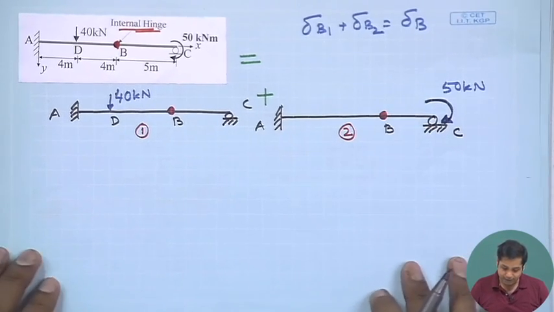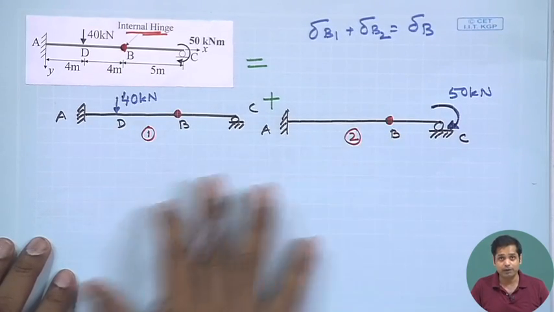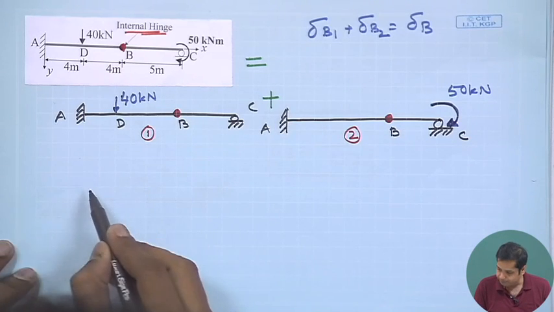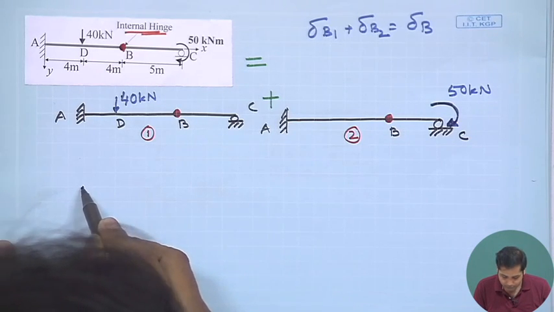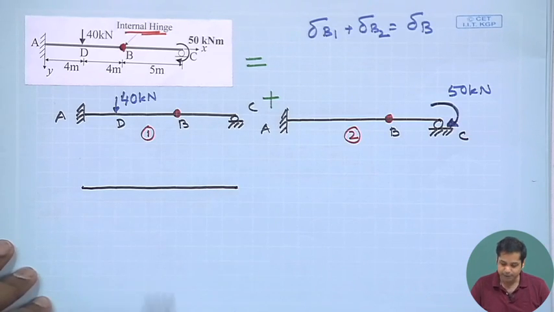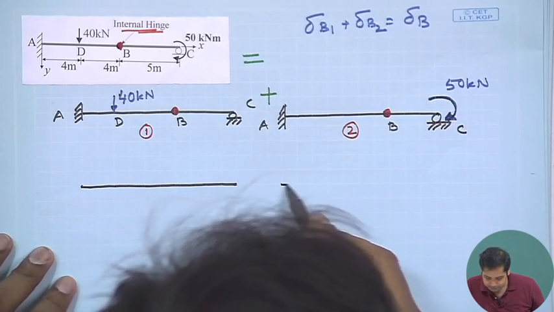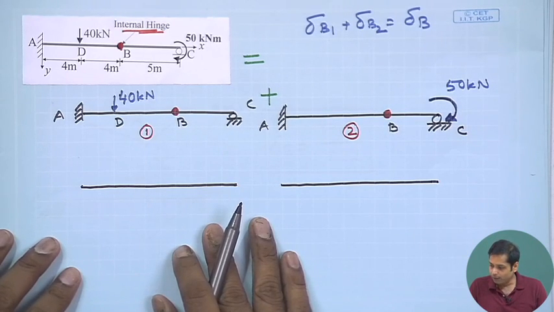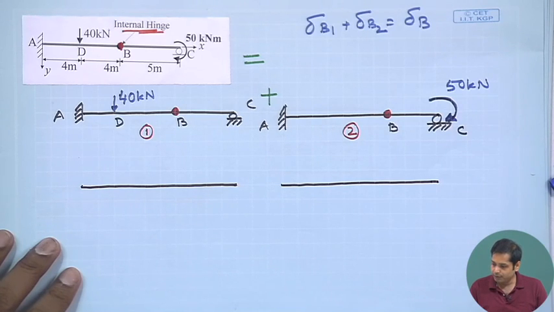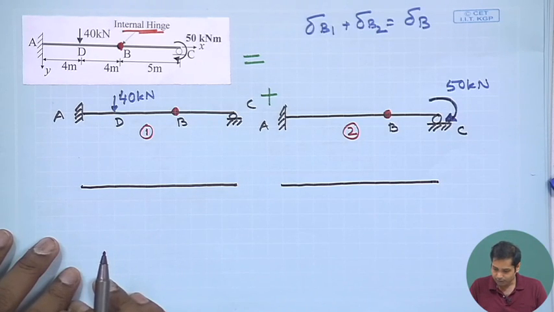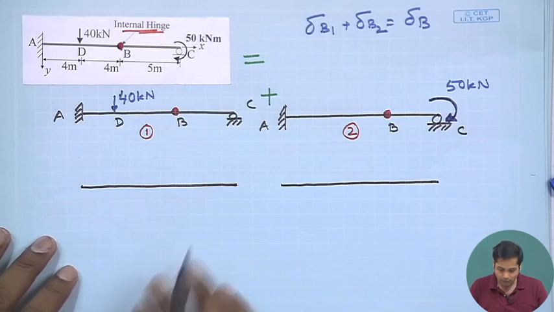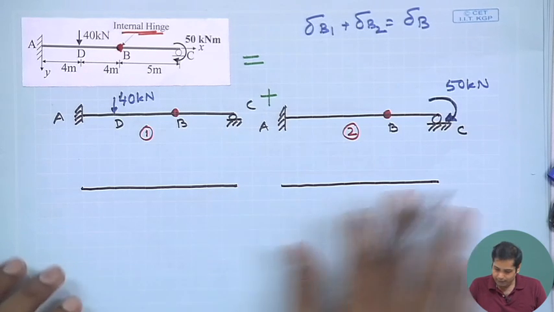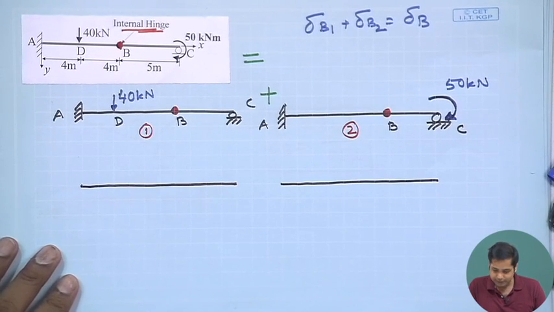I know that you can do the calculation to find the bending moment diagram, but let us just, by looking at the beam, get some idea about the bending moment diagram. First draw this beam. Now let us see what the bending moment diagram is for this case.